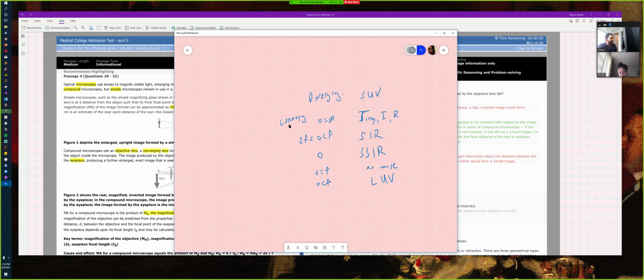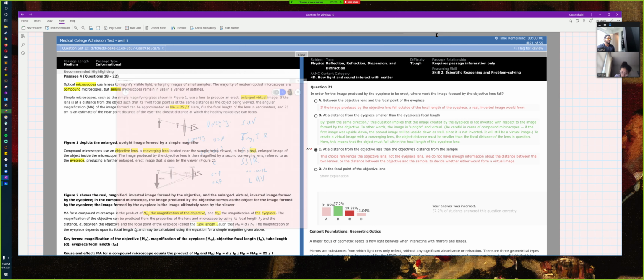And for converging stuff, as the object gets closer, the image gets larger. It starts off tiny, then small, then same size, then no image, and then it starts to get large, upright, and virtual. Okay, that's good.